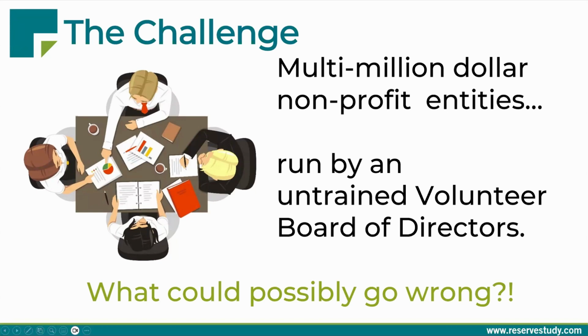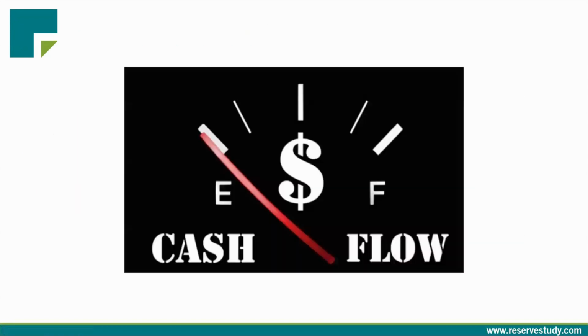And the challenge often means that the board makes the mistake of not collecting enough cash. Too many boards are running their associations out of money, or attempting to operate their multi-million-dollar nonprofit real estate corporation just on fumes. And that's not a successful strategy.